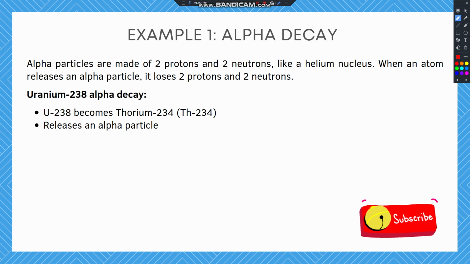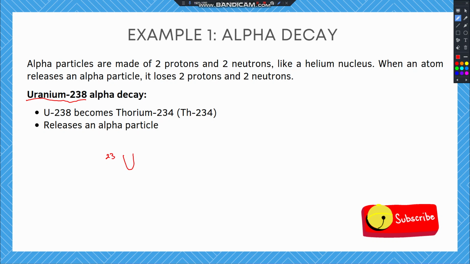Alright, so right now on the screen, I have the first example, which is uranium. Uranium has a mass number of 238. So let's denote it. Uranium has the symbol U. The mass number is placed as a superscript at the top left corner of the symbol of the element, and the atomic number is placed as a subscript. Remember, we already saw that uranium has an atomic number of 92.